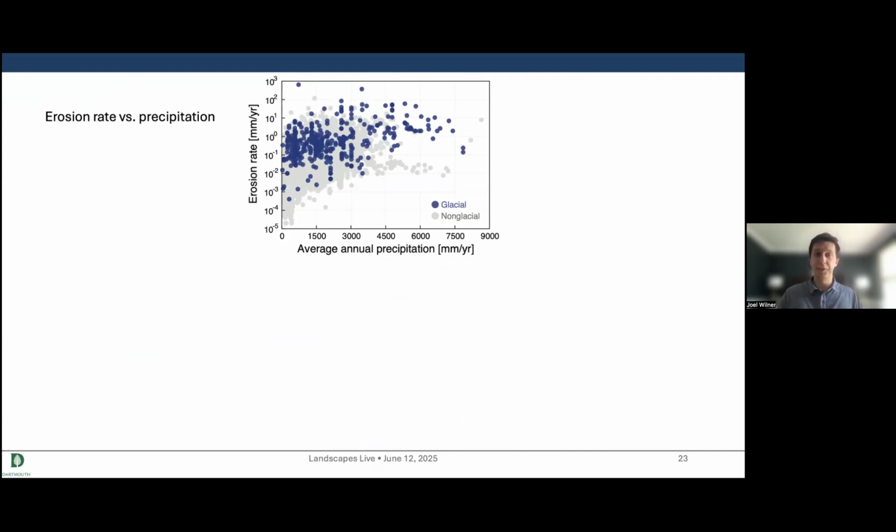First we looked at precipitation regime, taken from CHELSA reanalysis climatology data, and plotted glacial rates versus non-glacial rates against precipitation. For glacial erosion rates, we do see this higher characteristic erosion rate compared to non-glacial settings, especially at higher precipitation values.